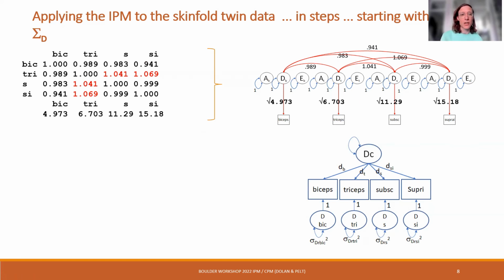So if we see these high correlations, then it makes sense to fit a common factor model to our sigma D. Why? Well, if the correlations are so high, then this indicates that there may be a common dominant genetic cause underlying the phenotypes, right?